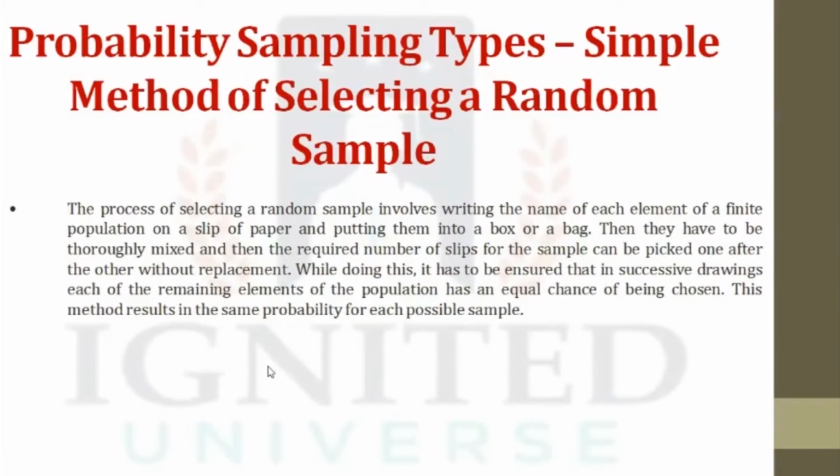The very first and the simplest method of probability sampling is simple random sampling. A simple random sampling can be compared to a fair lottery system. Suppose we have a box containing a lot of numbers.